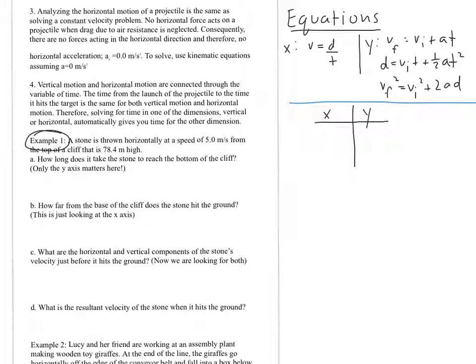The speed of 5 meters per second is our velocity in the x direction, and we list that as 5 meters per second. We're also given the height of the cliff, 78.4 meters. This is our distance in the y.